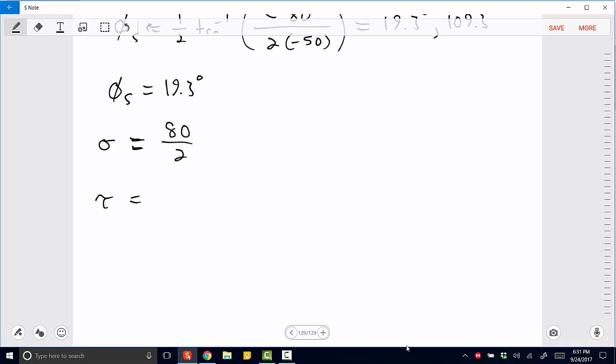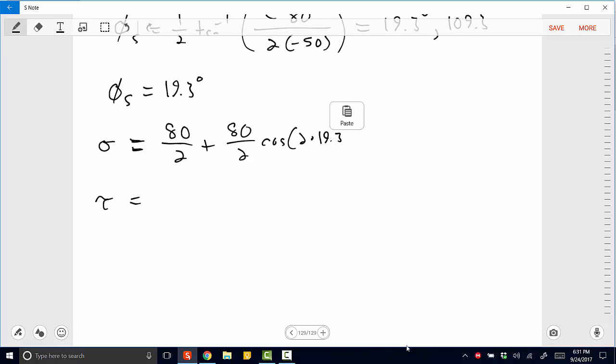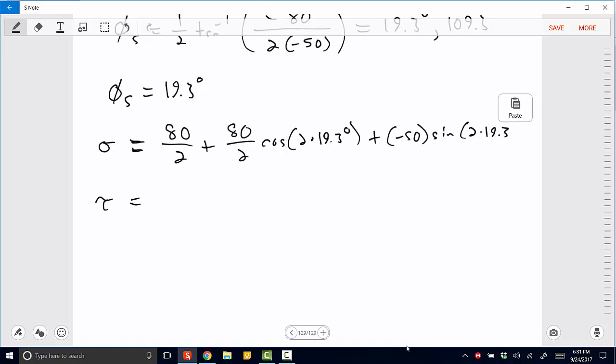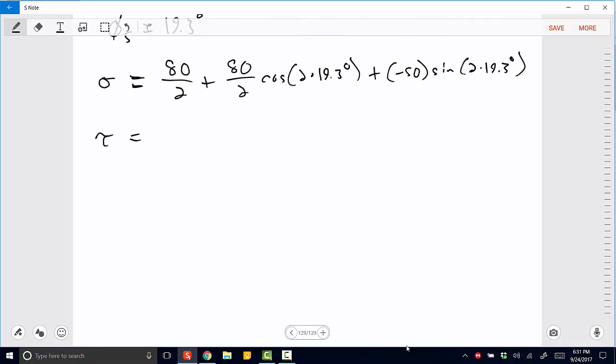So it would be 80 over 2 plus 80 over 2 cosine 2 times 19.3 degrees plus negative 50 sine of 2 times 19.3 degrees. And then our tau equation is negative 80 over 2 sine of 2 times 19.3 degrees plus negative 50 cosine 2 times 19.3 degrees.